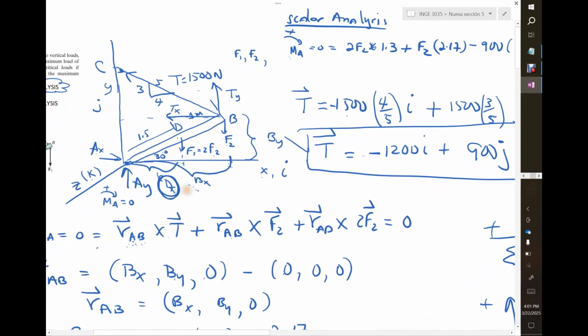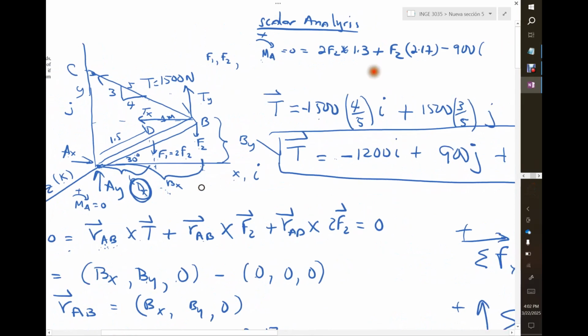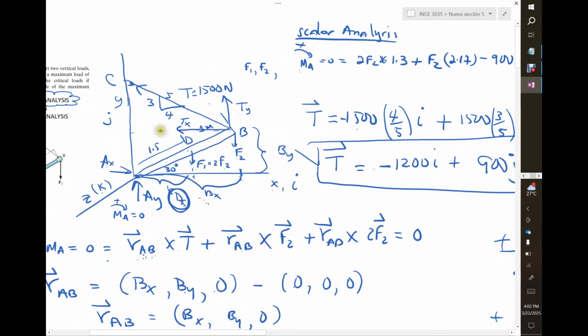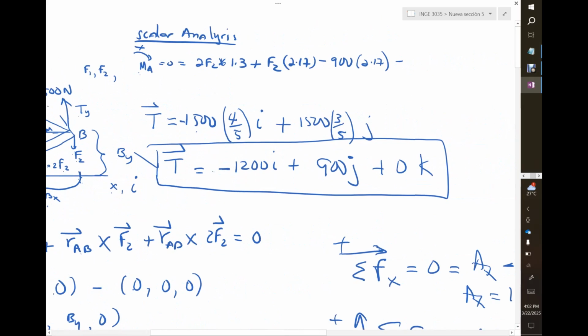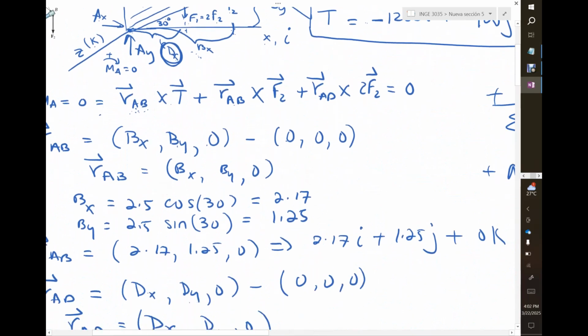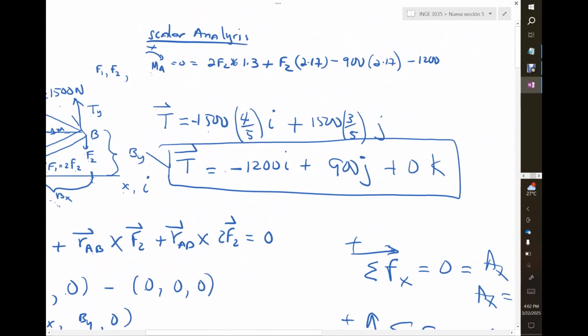That's going to be the same distance here, 2.17. Minus, because of this tx, the only distance I care about is this distance here, so that will be the 1200 multiplied by by, and by is 1.25.